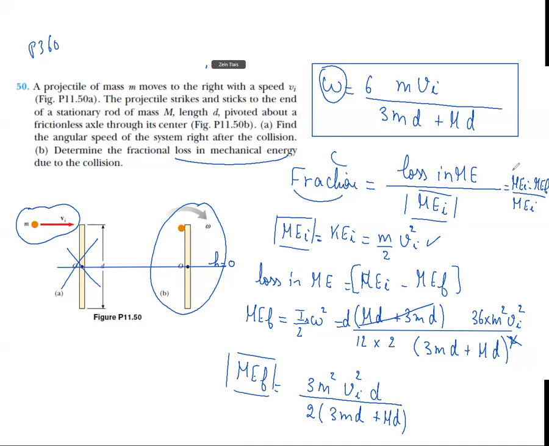We put here the value of mechanical initial minus mechanical final divided by mechanical initial, and we can calculate the fraction. You do the calculation here. You must have finally fraction equals m divided by m plus 3m. This is the final answer of the calculation.